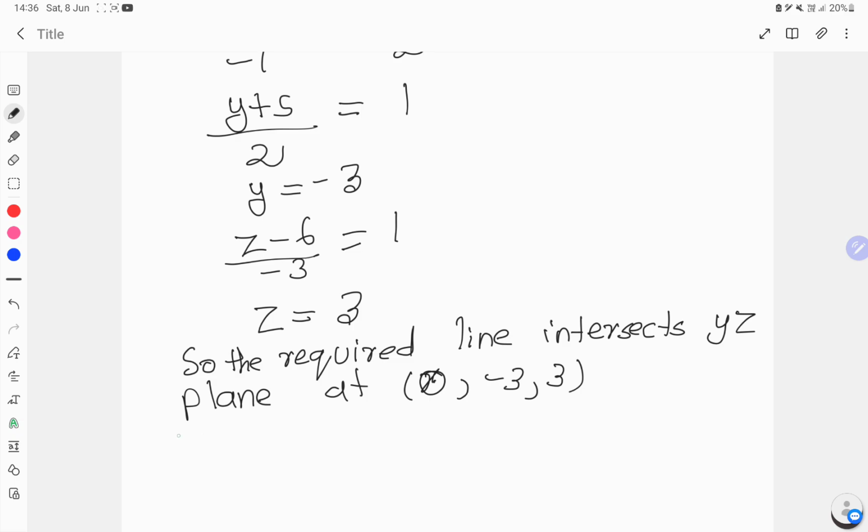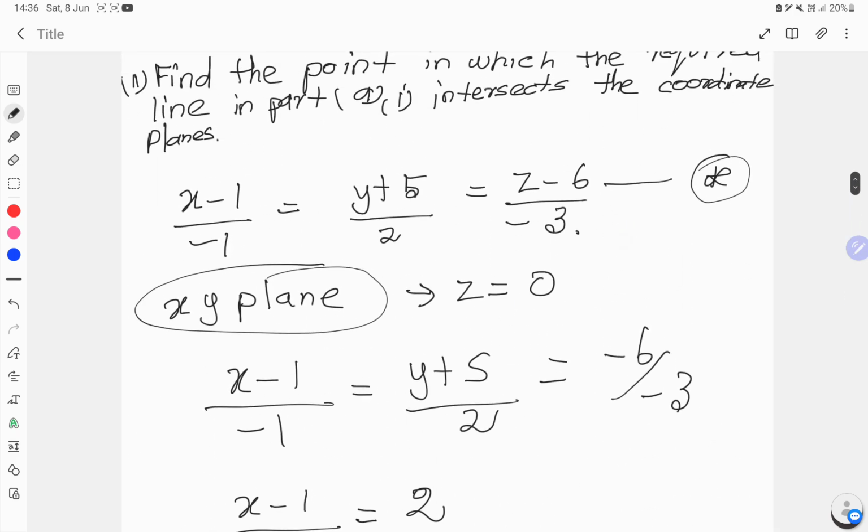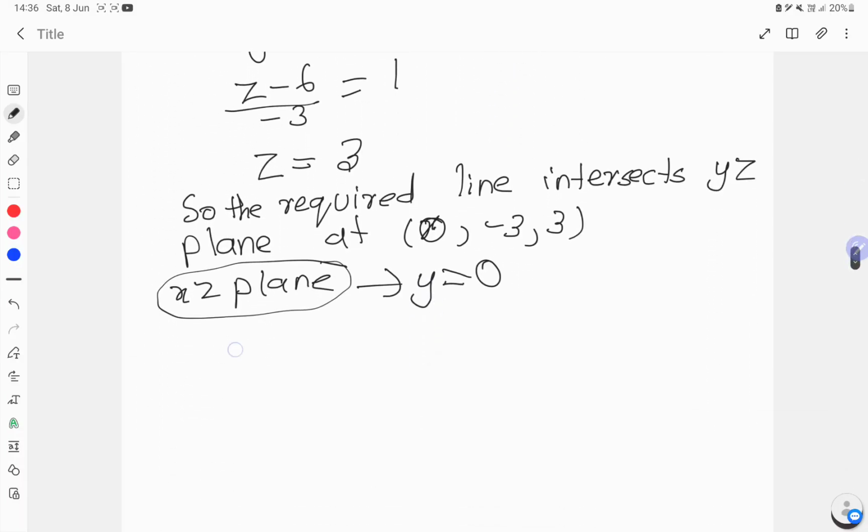Then XZ plane. Here y equal 0. We substitute the y equal 0 in the star. Then we get x equal minus 3 over 2, z equal minus 3 over 2, likewise.